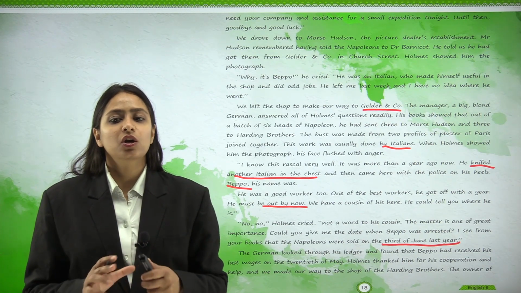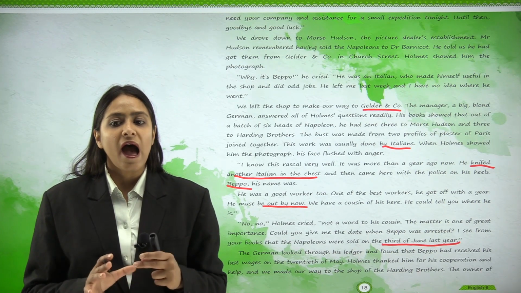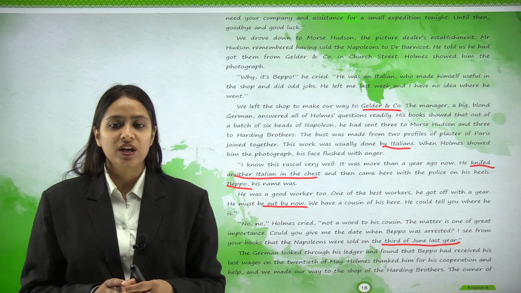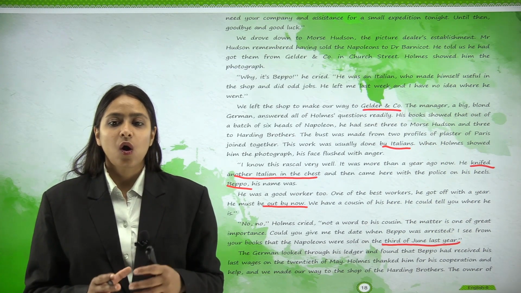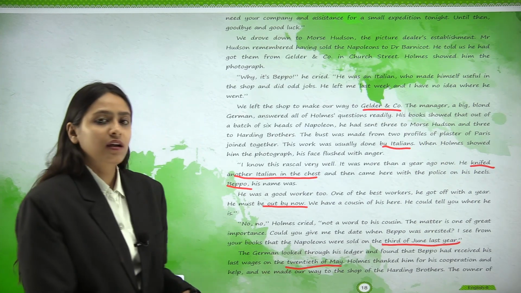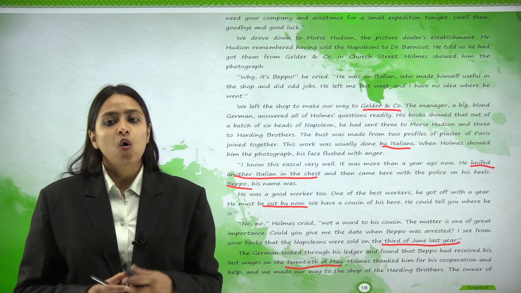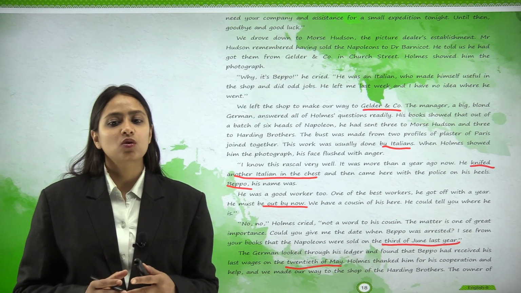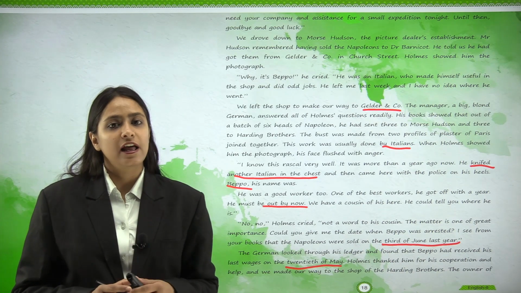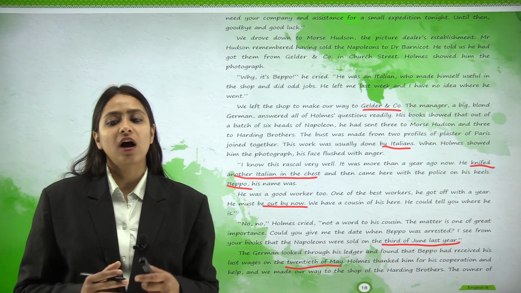The German looked through his ledger and found that Beppo had received his last wages on the 20th of May. Holmes thanked him for his cooperation and help, and we made our way to the shop of Harding Brothers.